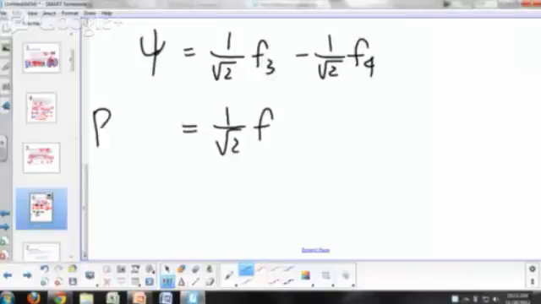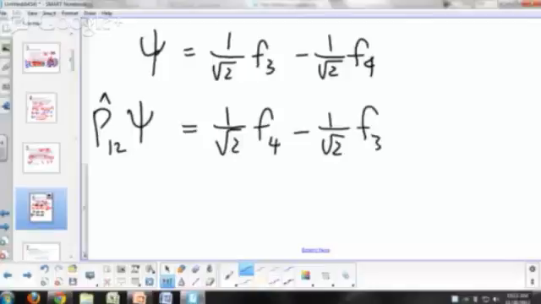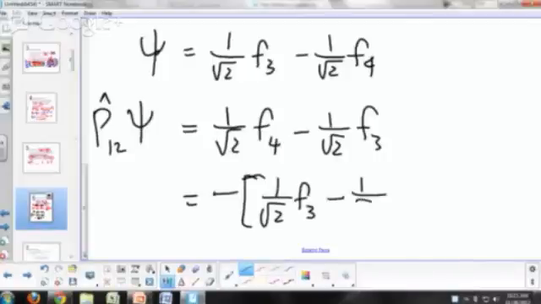If I operate the permuting operator, exchanging labels for electrons 1 and 2, on psi, I get 1 over square root of 2 F4 minus 1 over square root of 2 F3, which is the same thing as the negative of 1 over square root of 2 F3 minus 1 over square root of 2 F4. That's negative psi. That's the acceptable function.